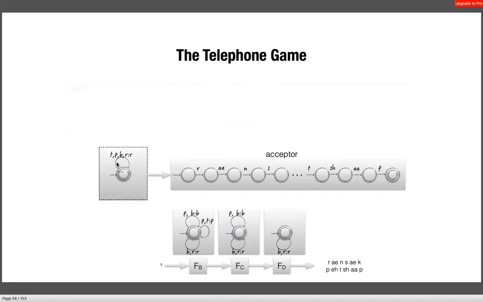This will give me all possible transformations of this ransacked pet shop phone string, and all possible combinations that this could have been mapped into given this particular error model.